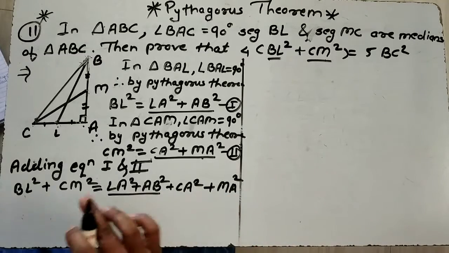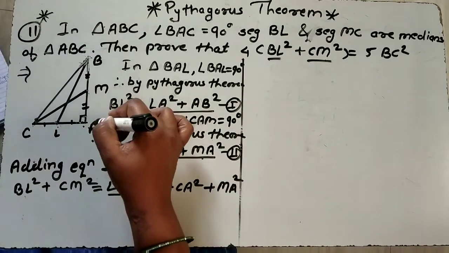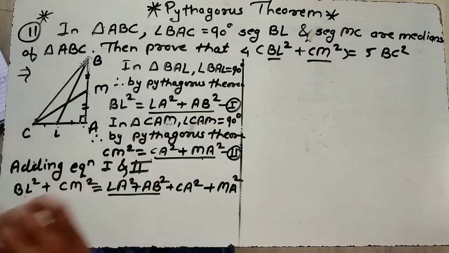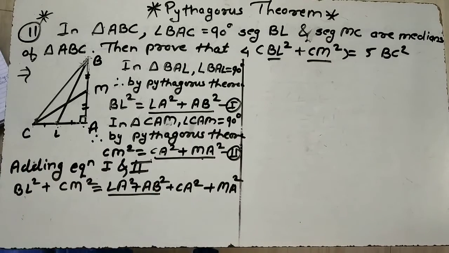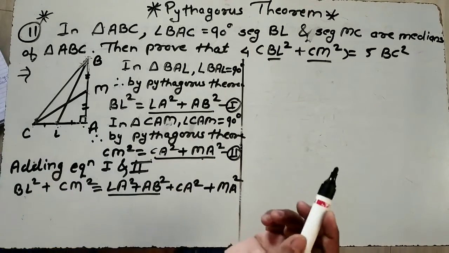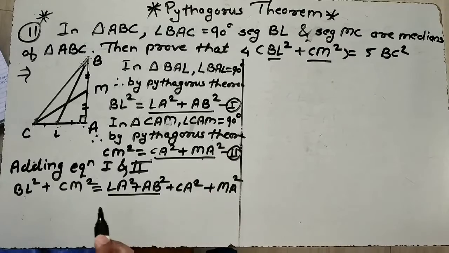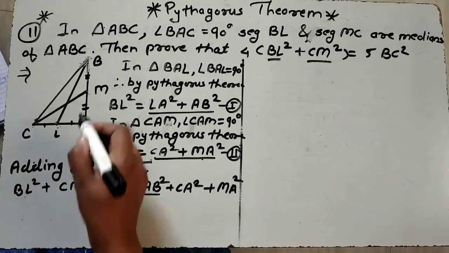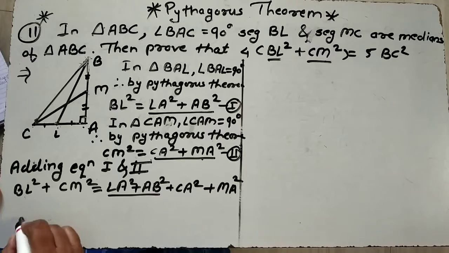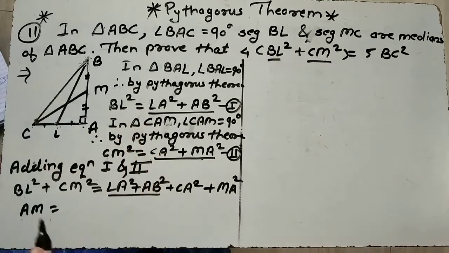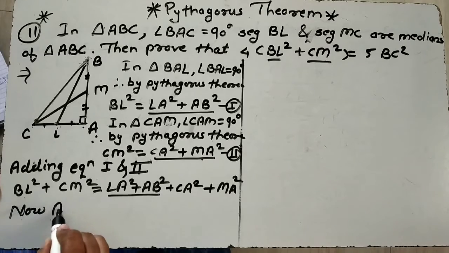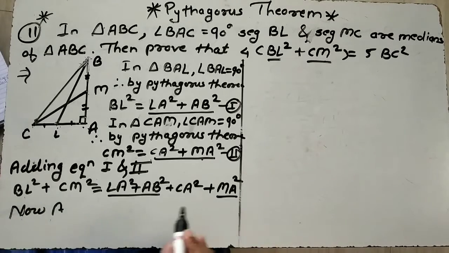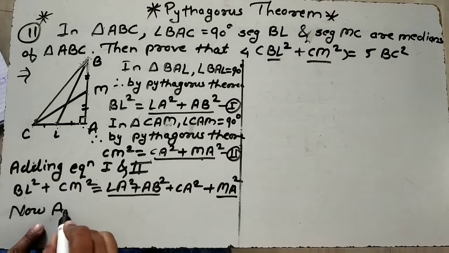You know that M is the midpoint of AB and L is the midpoint of CA, because BL and CM are the medians. So we will find the value of AM first.